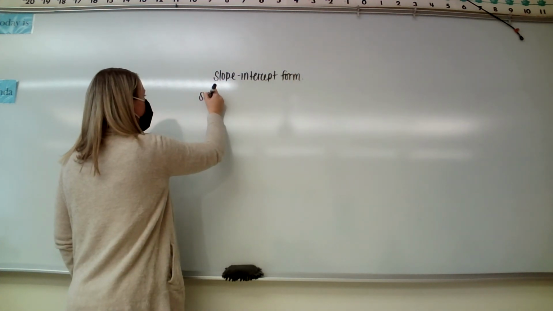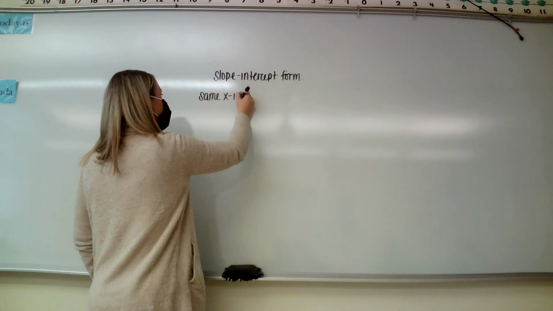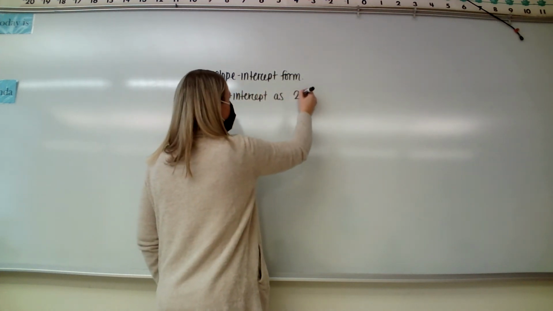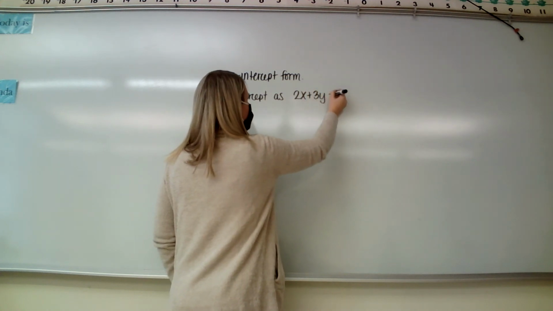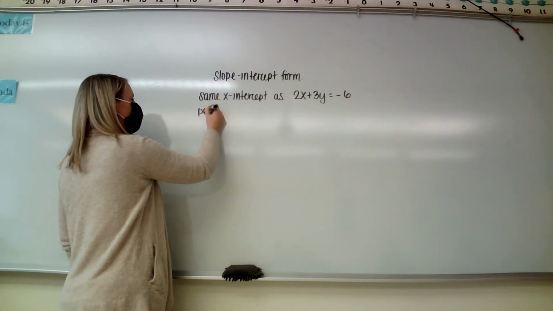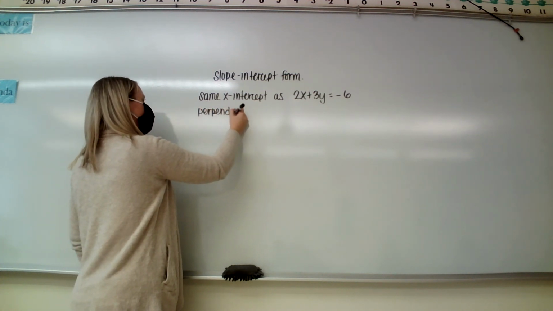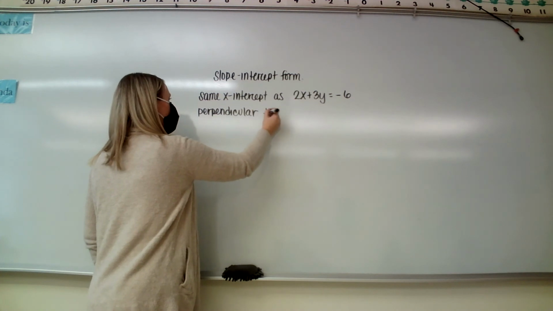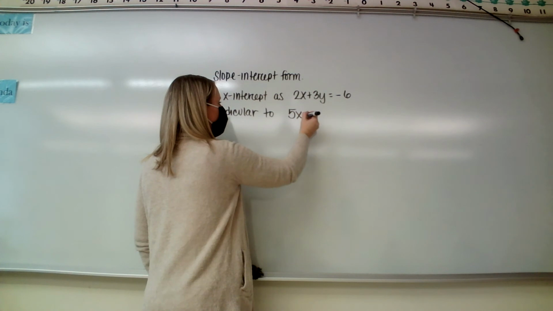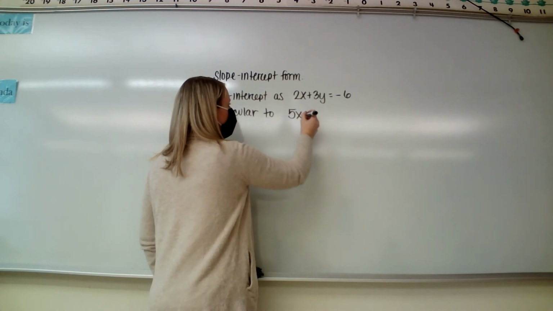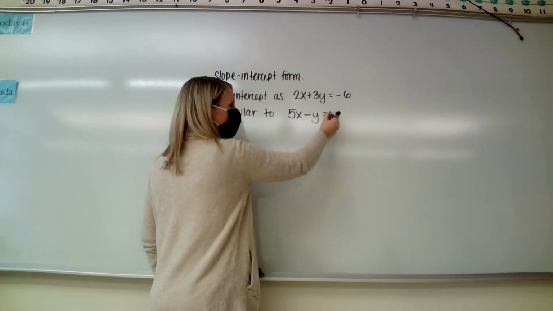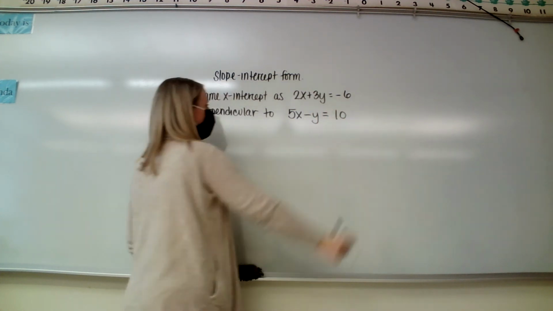It has the same x-intercept as 2x plus 3y equals -6, and it's perpendicular to 5x minus y equals 10.